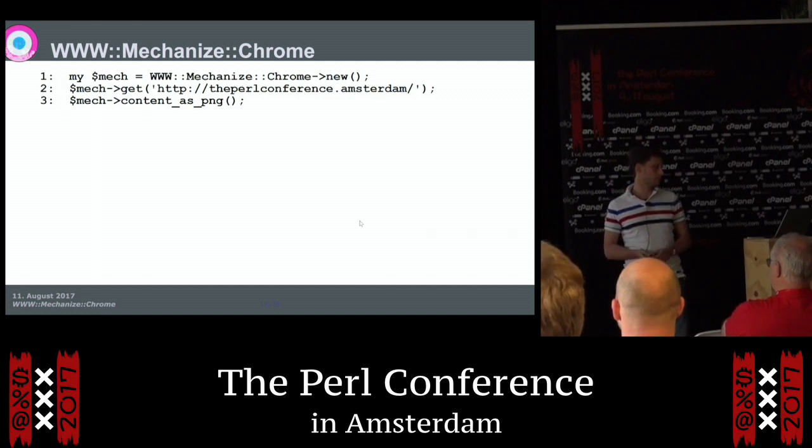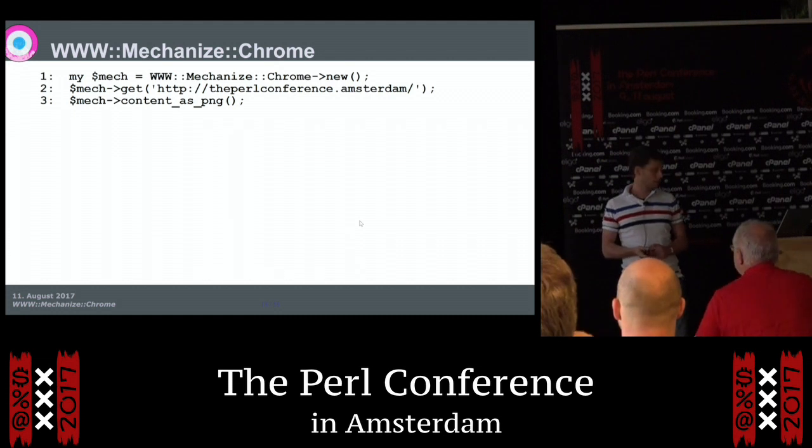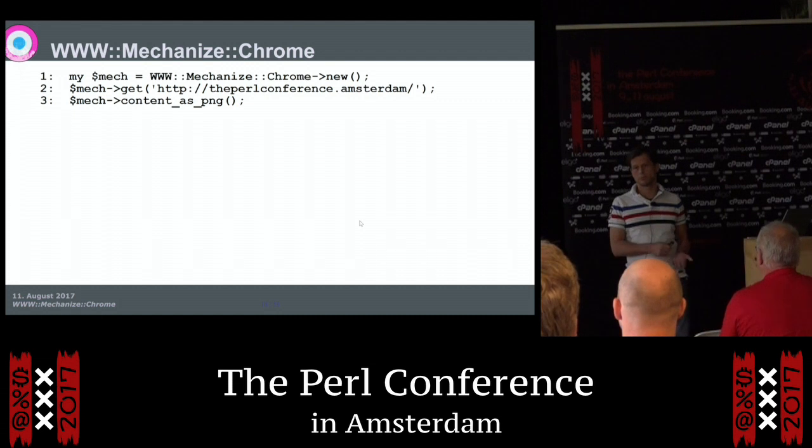Then in line 2, I pull up a page, the Perl conference Amsterdam page, and then line 3 is a custom method that is not in WWW::Mechanize, but in Mechanize Chrome, to return the current page as PNG image.